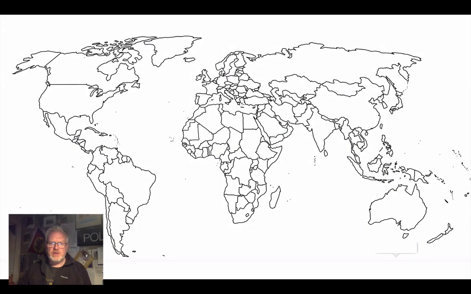Okay then, let's see what we've come up with. So this was our blank world map. Let's start by shading in the countries that are the main producers of the elements that we find within a smartphone.